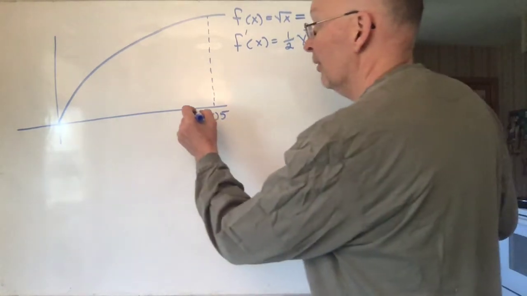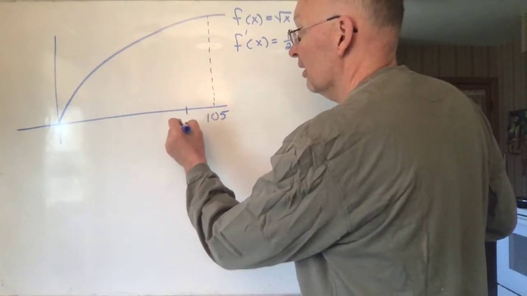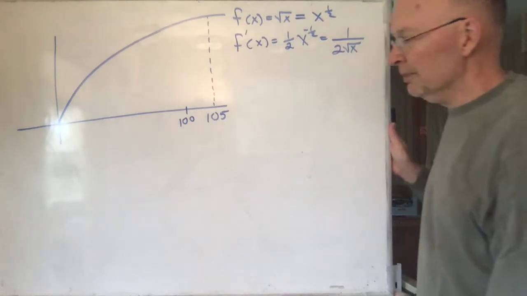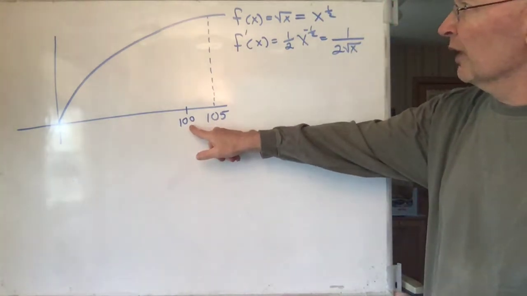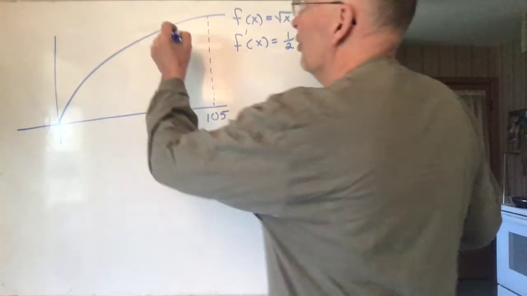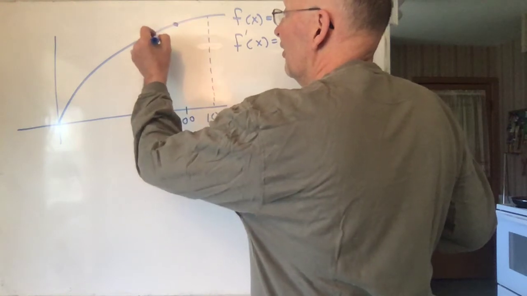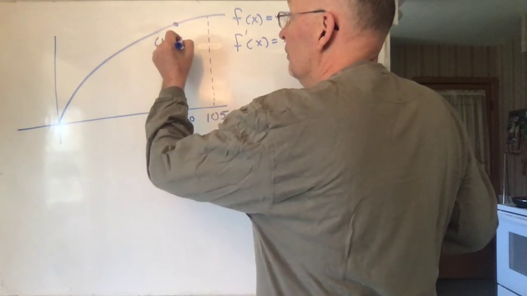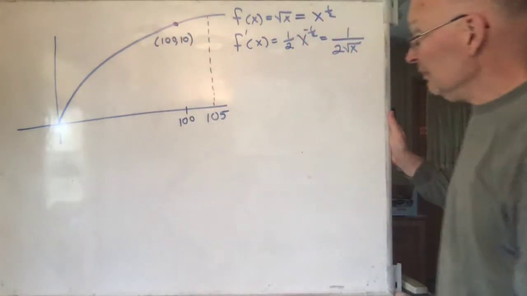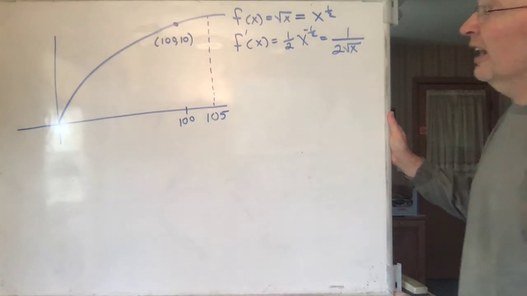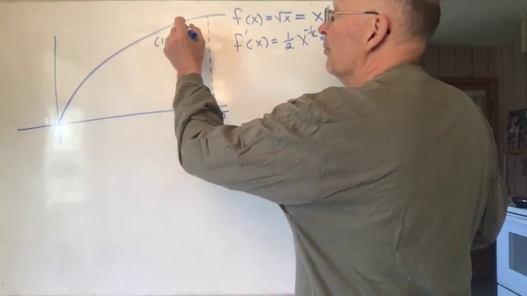And I chose something which is hopefully pretty obvious. If you start there at 100, we know the square root of 100, of course, is 10. So here you are at the point 100, and we're going to find the slope at this point.